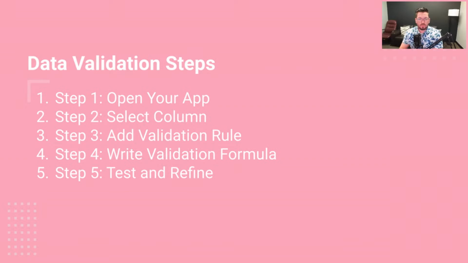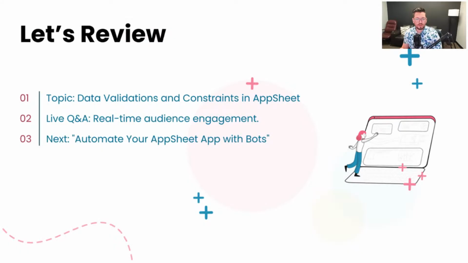And then once we did that, we wrote and tested our data validation formula. And then we even got to see the test and refine phase there. All right, so that's the workflow that we used to create those data validations. And so today's topic was data validations and constraints in AppSheet.